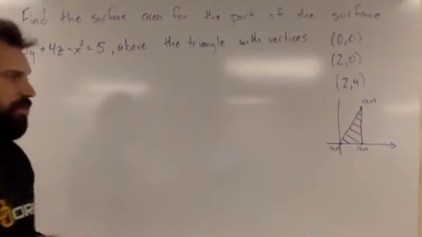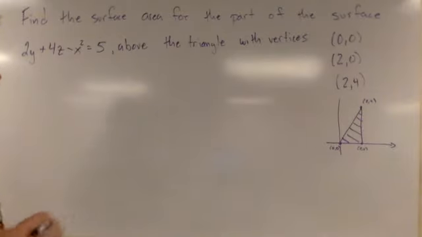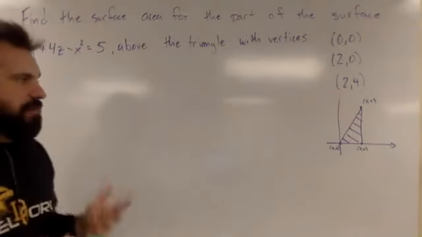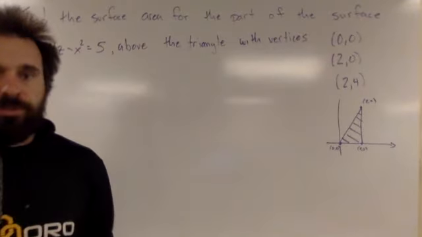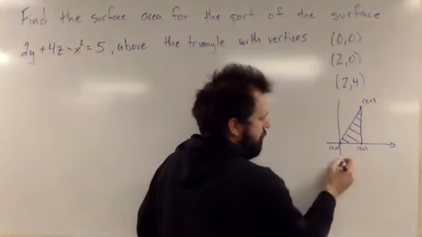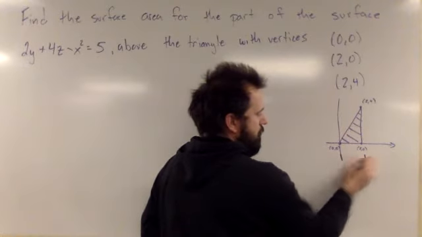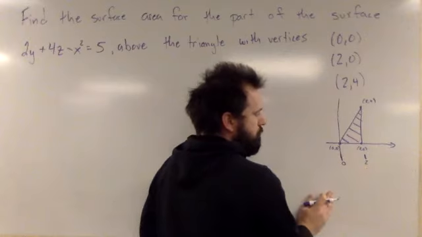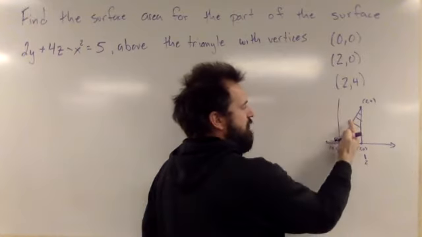So looking at this, it strikes me that we should do this as a type 1 region. If I notice my x values, they're going from 0 to 2, right? And then I can talk about the y values.